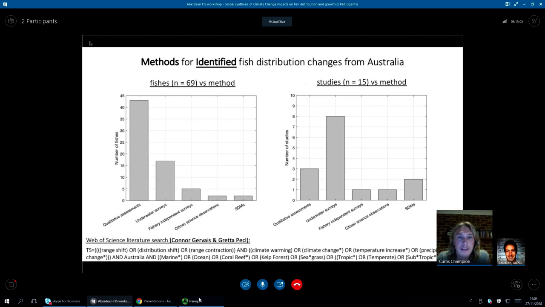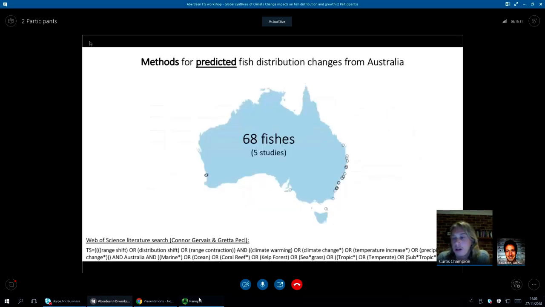That's only for identified fish distribution changes, and what we've also been doing down here, and I'm sure like other places around the world, are also moving into the future and doing future projections. So predicted fish distribution changes in the future, we have 68 species that have some kind of evidence supporting future distribution shifts.